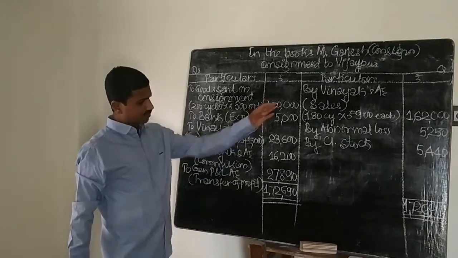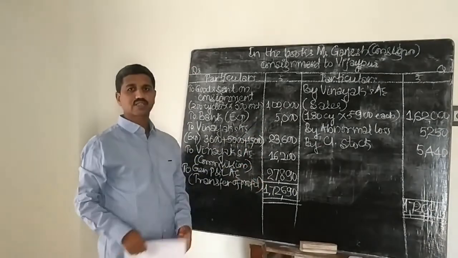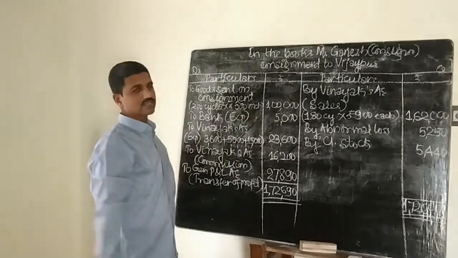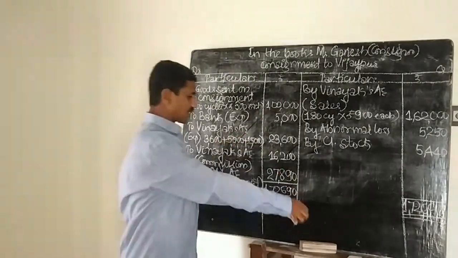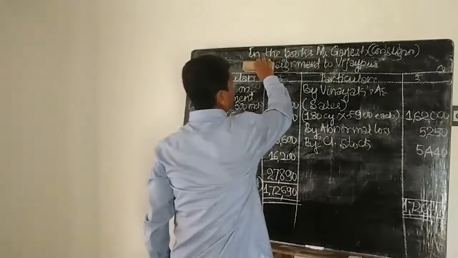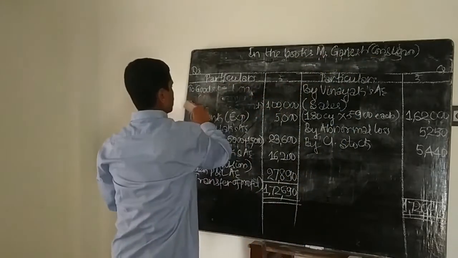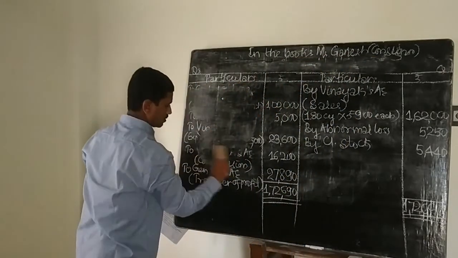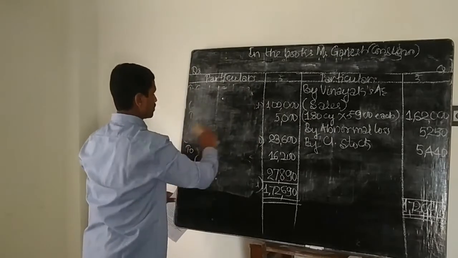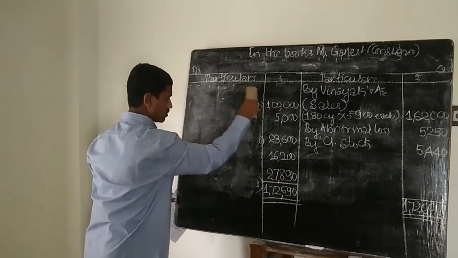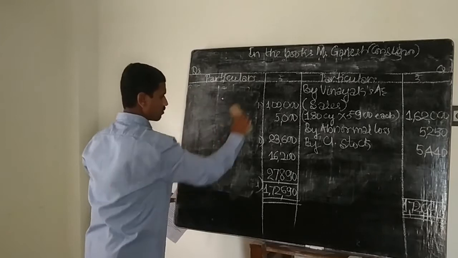So this is the profit which has been made by the consignor on the consignment transactions. So the next account we need to prepare is Mr. Vinayak's account here.